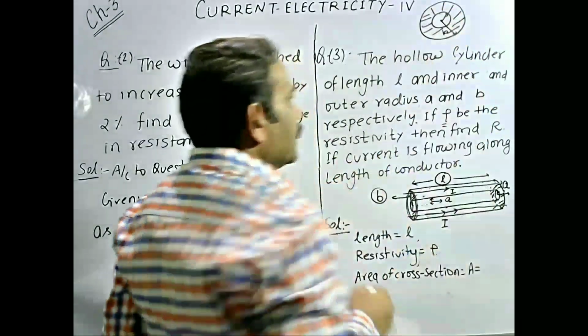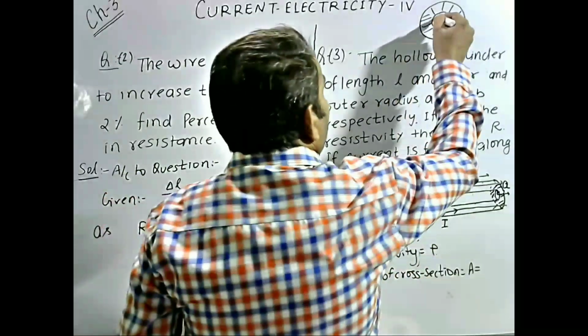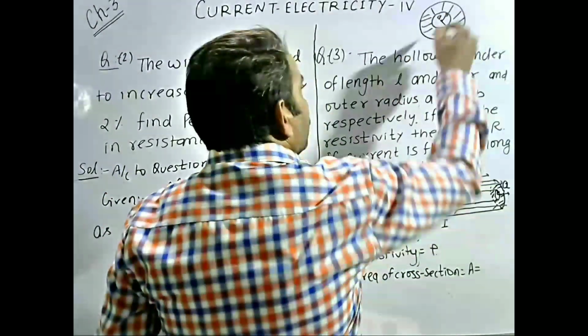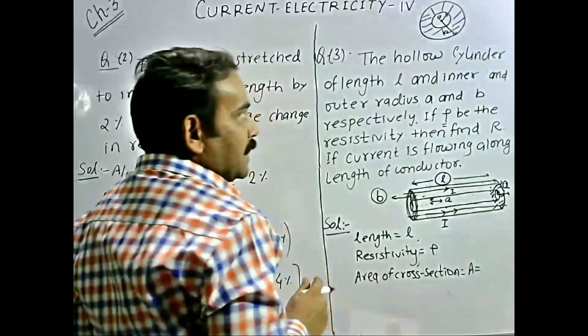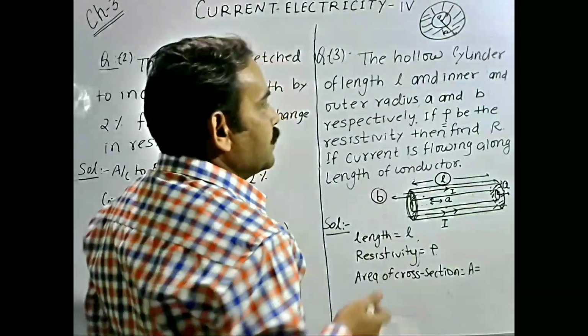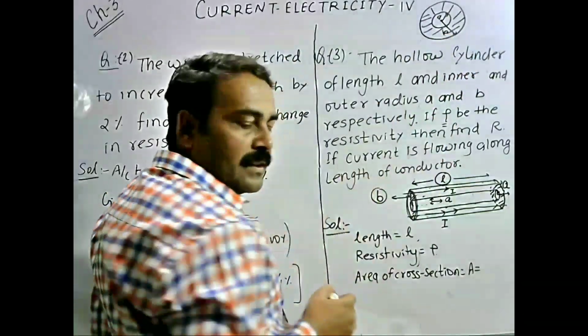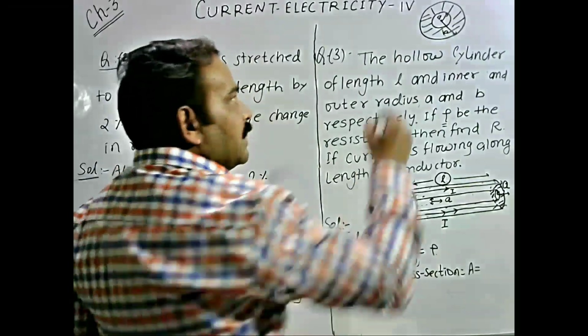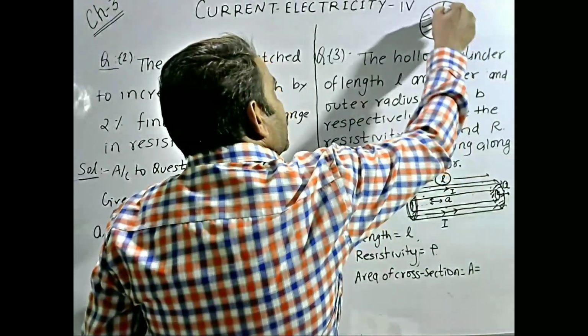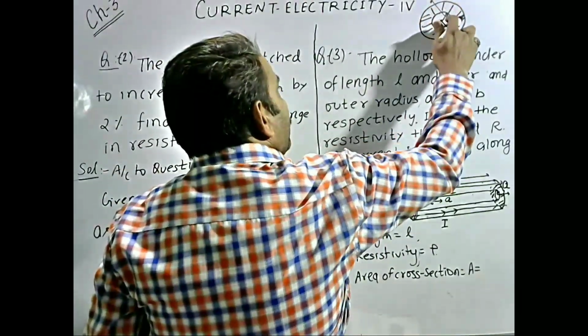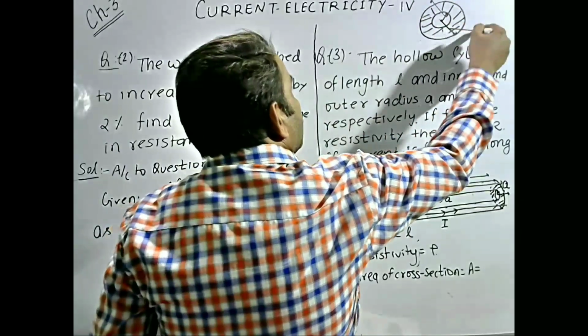Clear? This is small a and this is small b. The inner radius is small a and the outer radius is small b. Here it is small a and this complete radius is small b.